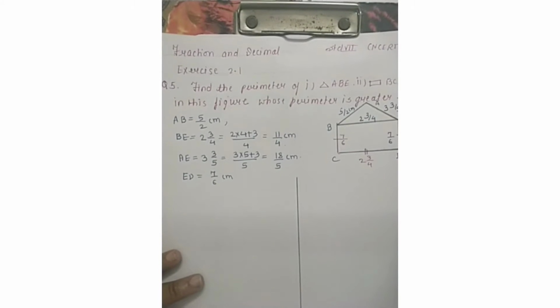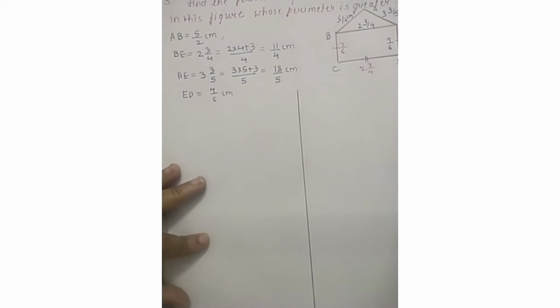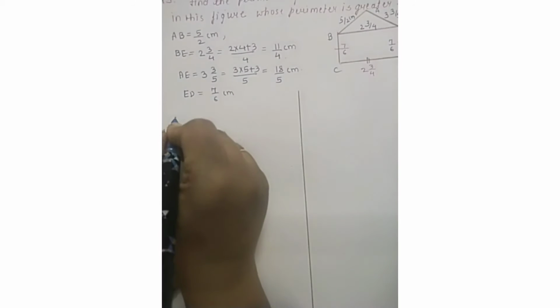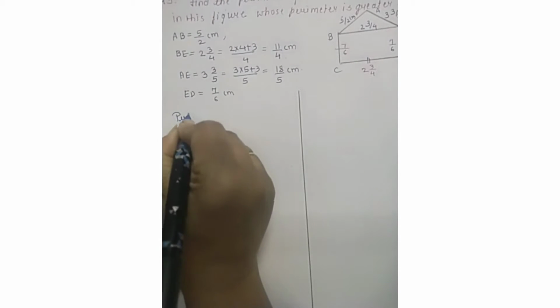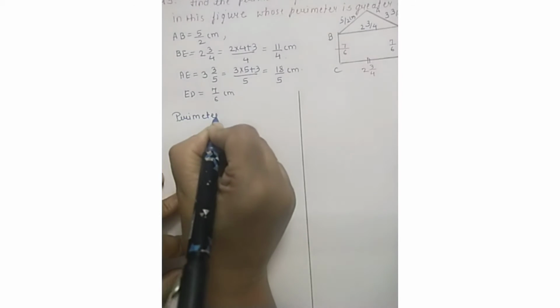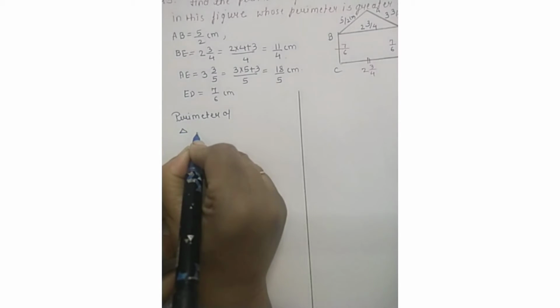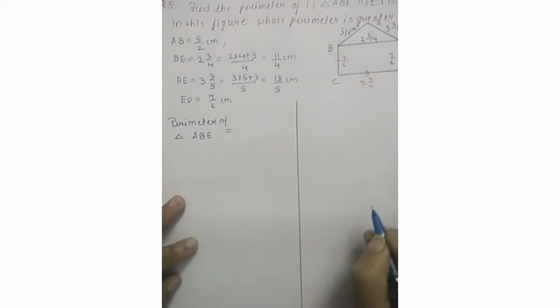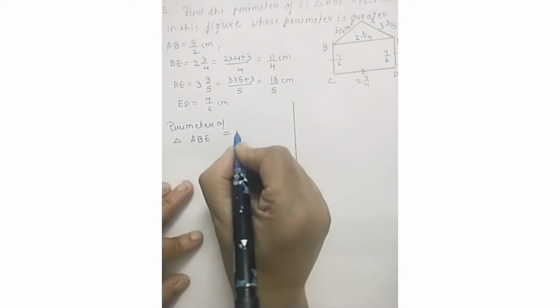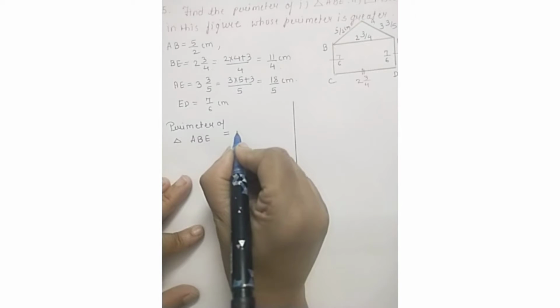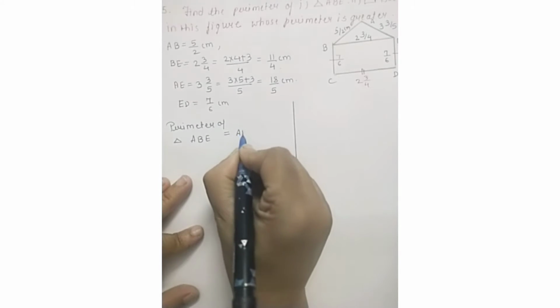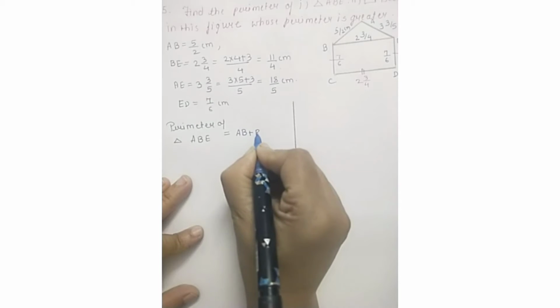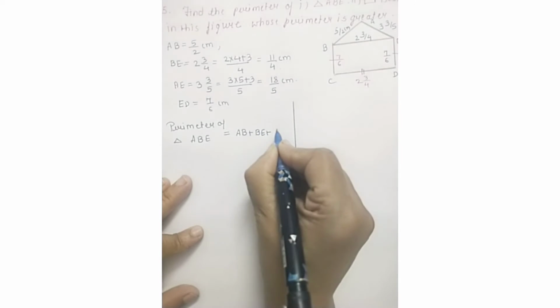First we will find the perimeter of the triangle ABE. What do you mean by perimeter? Perimeter means addition of all sides, or the sum of all the sides, that is AB plus BE plus AE.